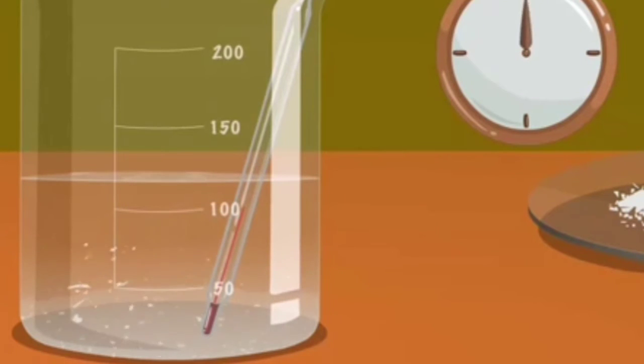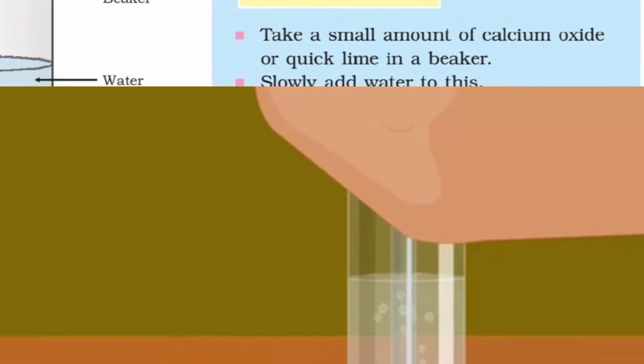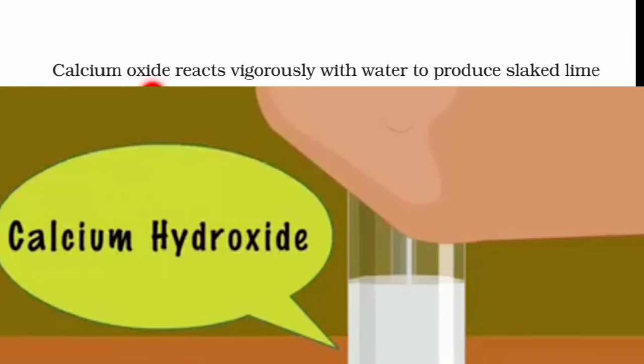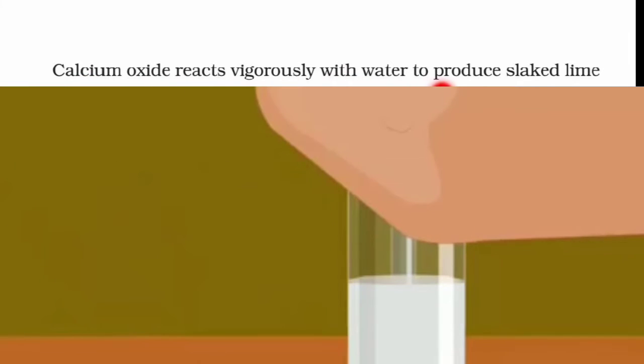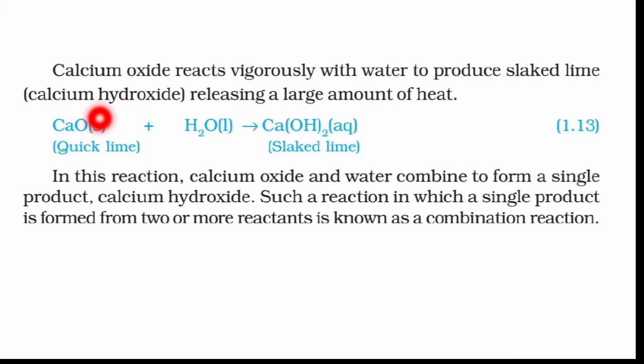Calcium oxide reacts vigorously with water to produce slaked lime, that is calcium hydroxide, Ca(OH)2, releasing a large amount of heat. You can see the bubbles also at the upper surface. When heat is released, we know that the reaction is an exothermic reaction, and when heat is absorbed, that reaction is an endothermic reaction.